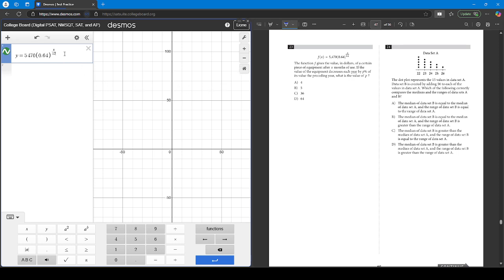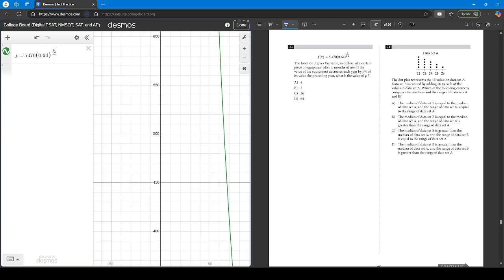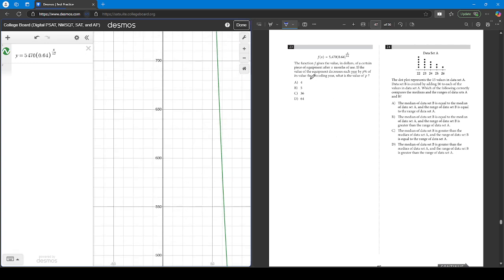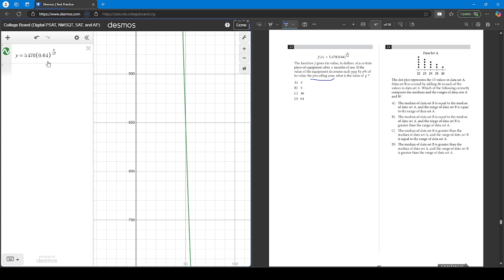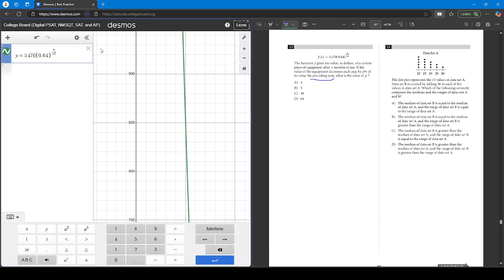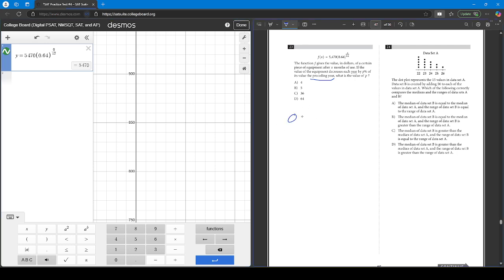So I'm looking at this by the months, but they're asking by the year. Okay. I want to know at 0 months it's 5470. And at 1 month, my value is about 5270.